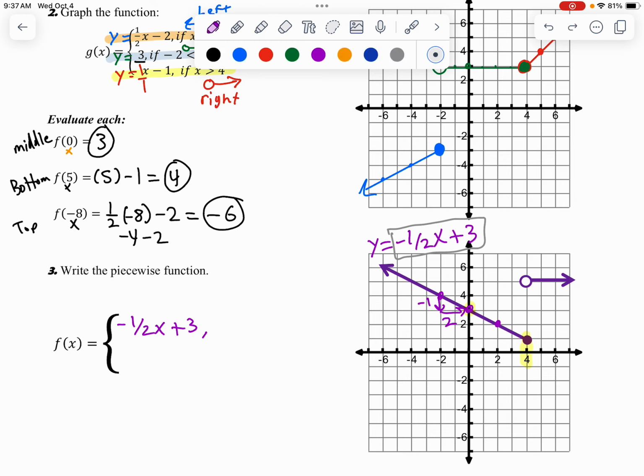So this will be x is less than or equal to 4 because it's a closed circle. And then the last piece here, I'll do this one in red. The equation of this line is, if you extended it, y equals 5. We'll take the right-hand side, which is just the 5, comma, if. And we're starting at an x value of 4 again for this one, but we're going to the right of 4, and it's an open circle, so x is greater than 4.